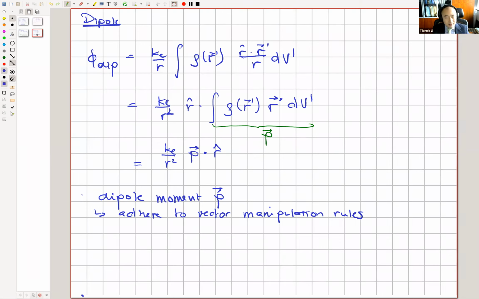But are the monopole and dipoles the same for every observer? Will everyone agree on the same P?